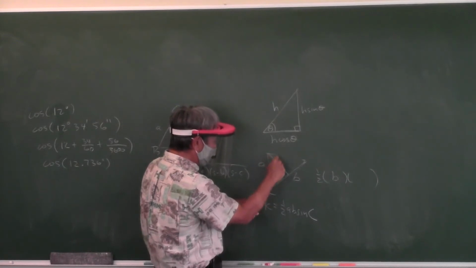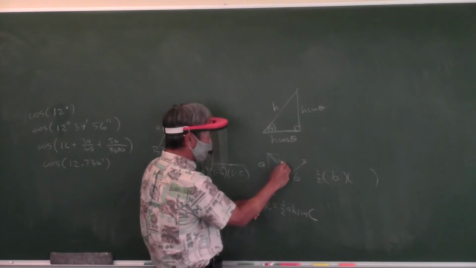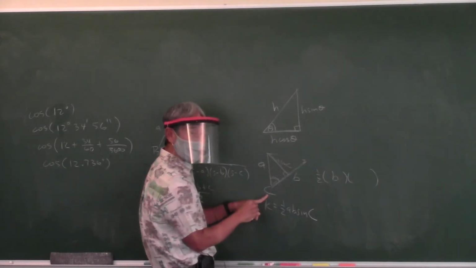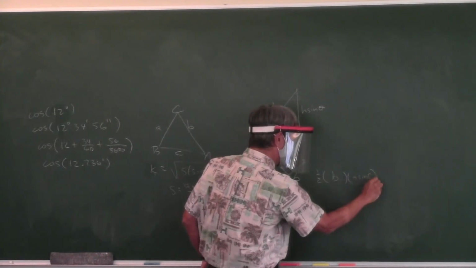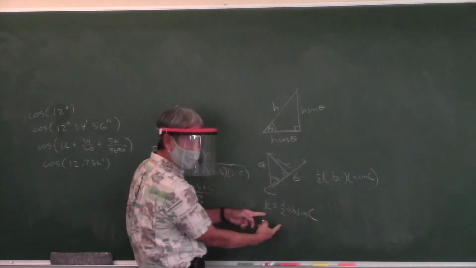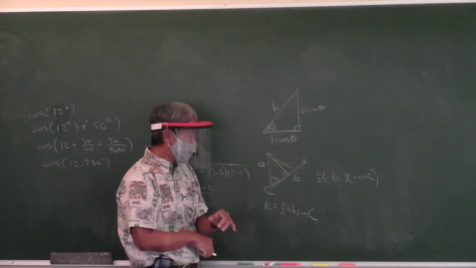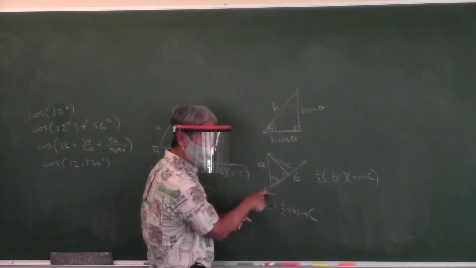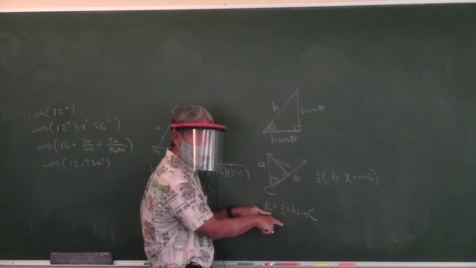So how do you find the opposite side? What did we just learn? a sine C, right? So that's the height, a sine C, and voila, one half ab sine C. So anytime you have a triangle, you know two sides and the included angle, this is the fastest way to find the area. One half ab sine C.